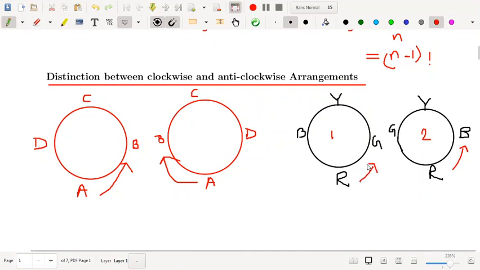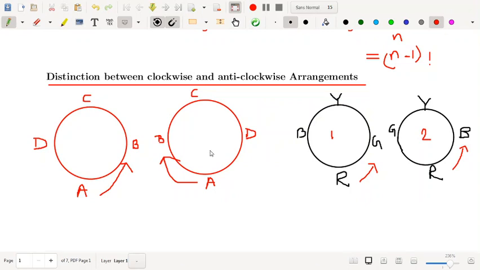Why? Because if you see from one side, this is the arrangement red, green, yellow, blue. If you see from the other side, then this is the arrangement. So you just flip the garland, then you will get the other diagram. So these two arrangements are same, but these two arrangements are not same.